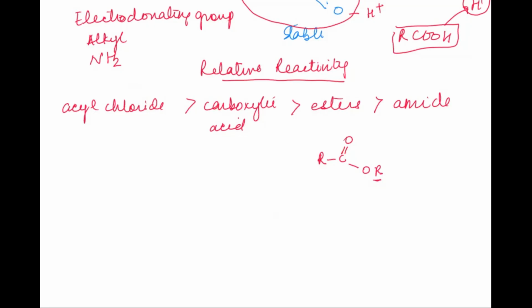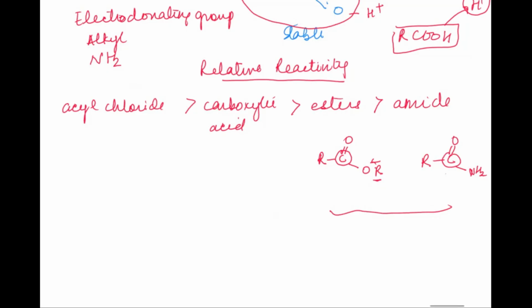Alkyl groups are electron donating, so when they donate electrons, they make this carbon less polarizable. The same goes for the amides. Looking at the structure of the amide, the NH2 is electron donating, so it makes this carbocation less polarizable. That is the reason their reactivity is far less than the reactivity of carboxylic acid.